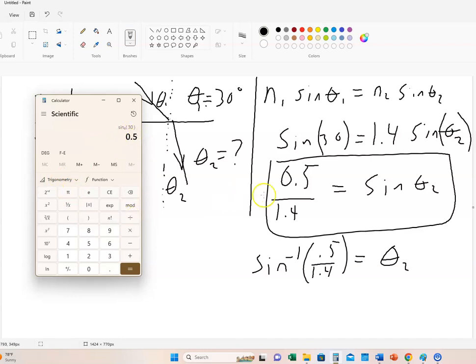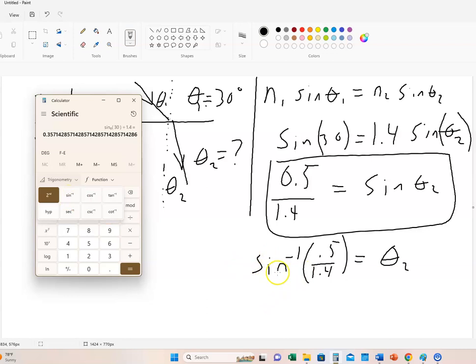0.5 divided by 1.4. So we have to take what's called the arc sine of this fraction, which turns out to be 0.357. The arc sine of that: if I go to my trig functions and hit second, it comes up sine to the -1.